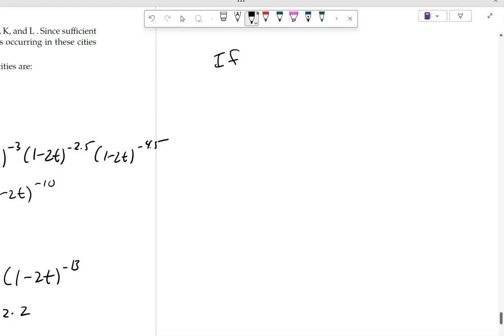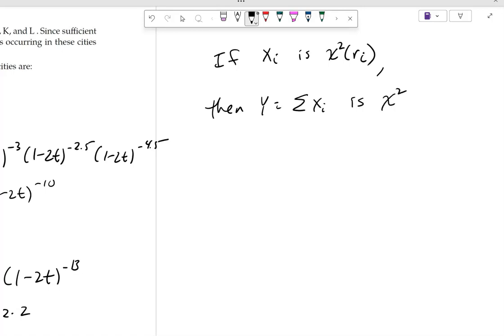If x sub i is chi-squared of r sub i, then the sum of the x sub i's is still a chi-squared of the sum of the r sub i's. They have to be independent. That's important.